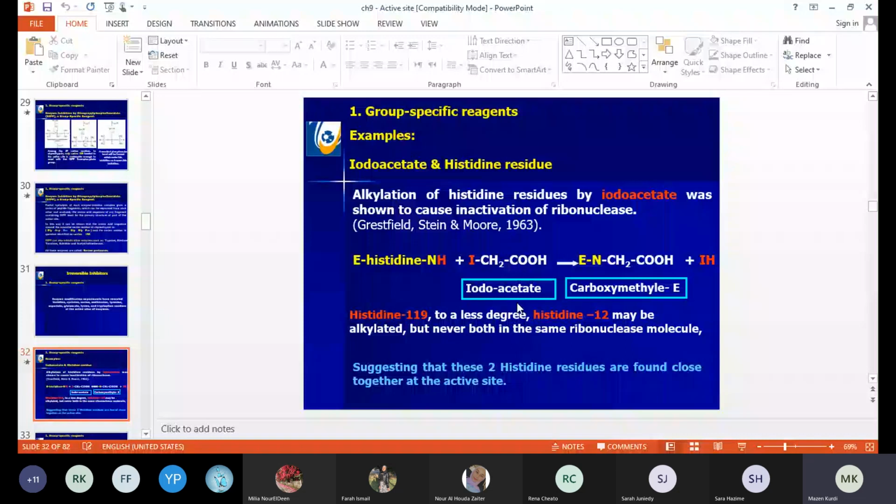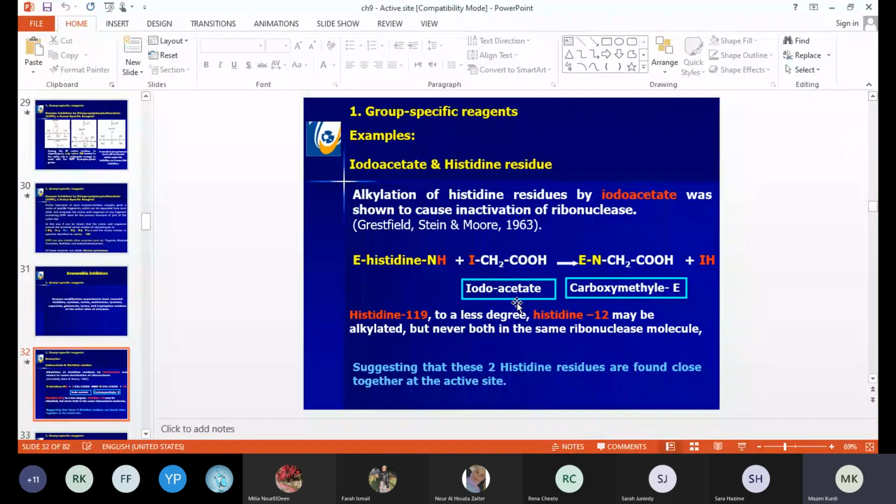So, alkylation of a histidine residue by iodoacetate was shown to inactivate ribonuclease, for example. Here, the enzyme with iodoacetate, which is here ribonuclease, gave us a carboxymethyl enzyme complex, which is also inactive.